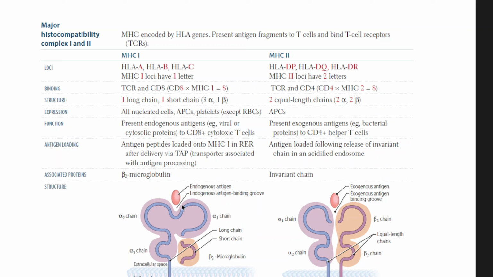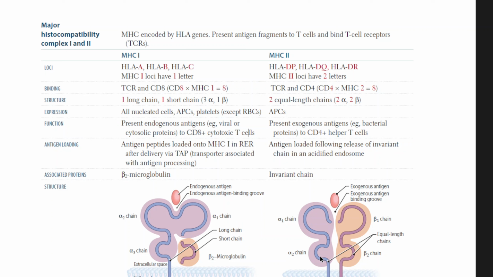So 3 alpha: 1 alpha here, a second alpha here, and a third alpha here. And then they have 1 beta. Just recognize that this is MHC1.